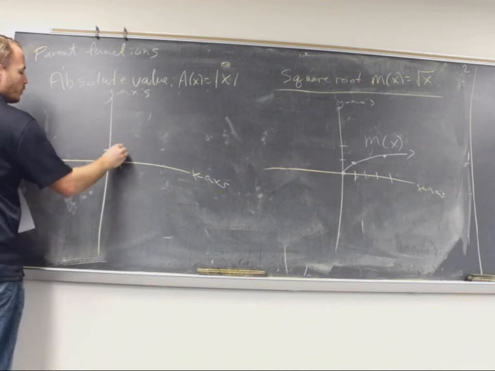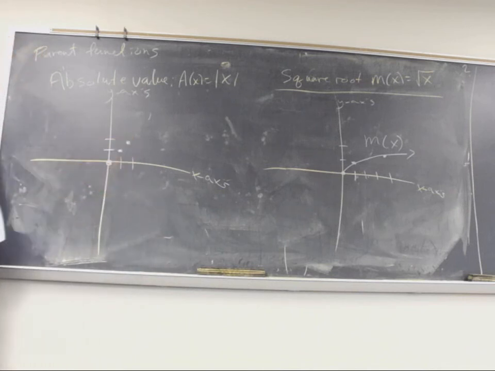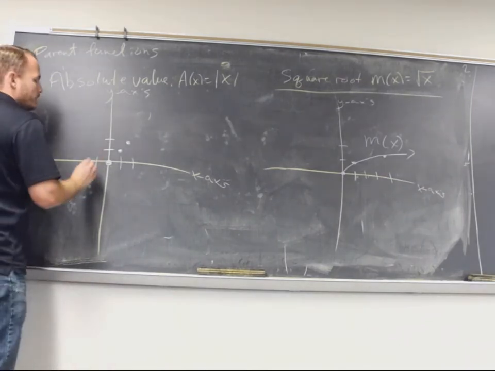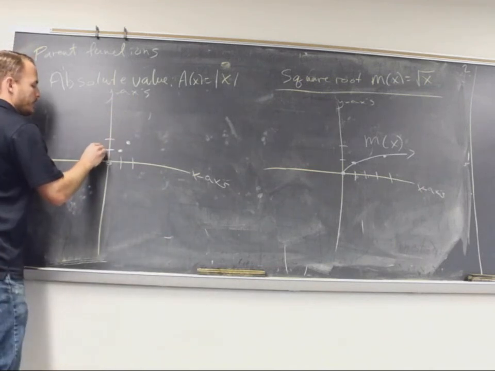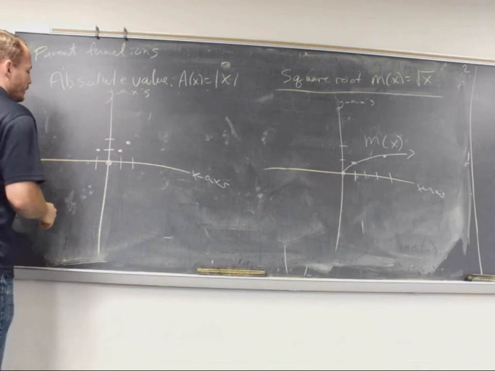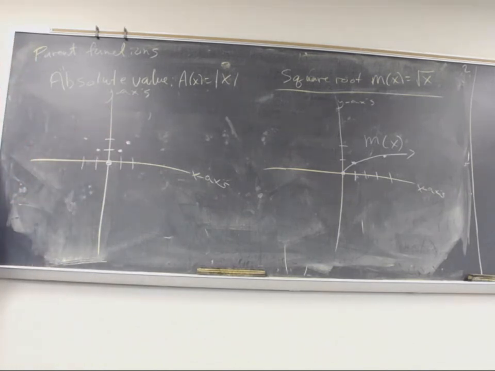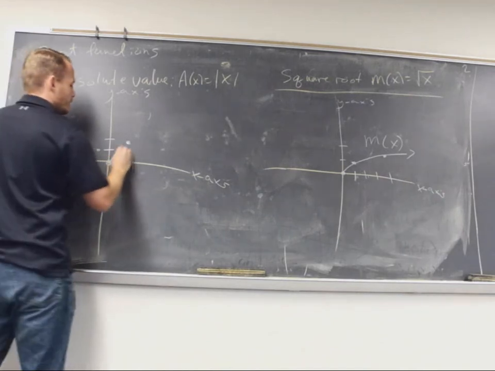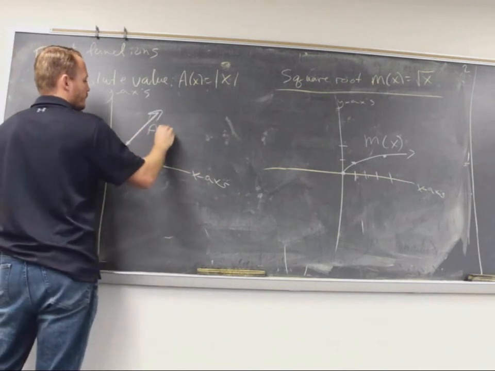The absolute value of 1 is 1. Absolute value of 2 is 2, and so on. So to this point, this is the same as the identity function. What's different is when you get to the negative side of things. When you plug in -1 into an absolute value, it changes it to a positive. It just takes the positive of whatever value is inside. And then -2 gives you 2. -3 gives you 3. -100 gives you 100. This is a of x.